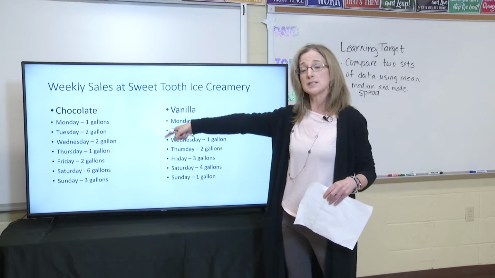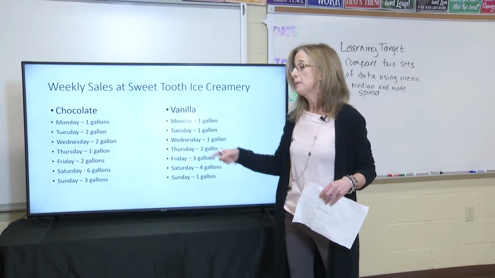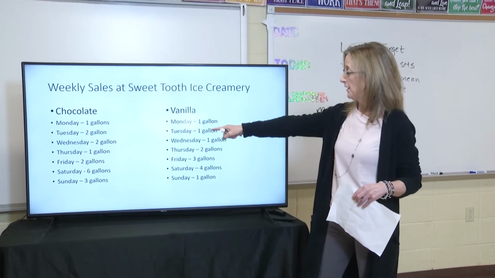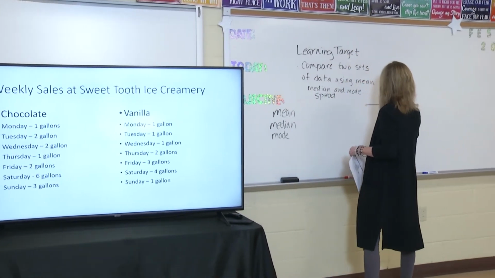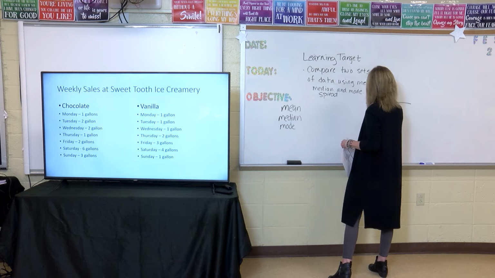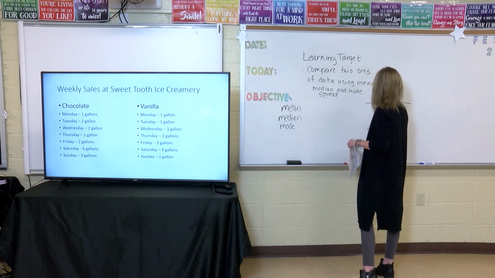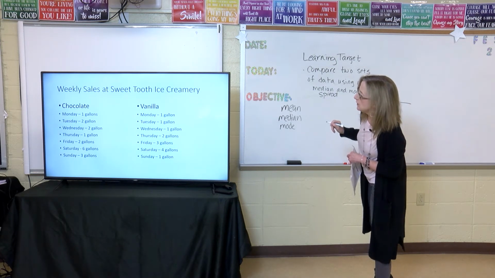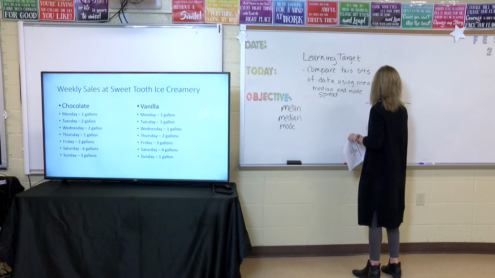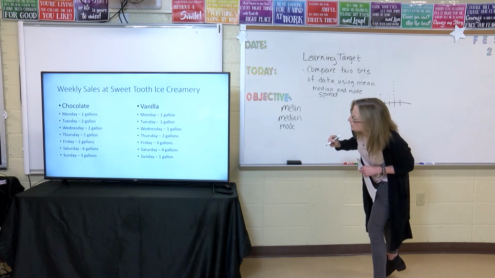But you're going to sell more chocolate, more vanilla, more ice cream on the weekend than you are at the beginning of the week. If you look at this, you have 1, 2, how many the next day? 2, 1, 2, and then 6, and then how many that last day? 3.